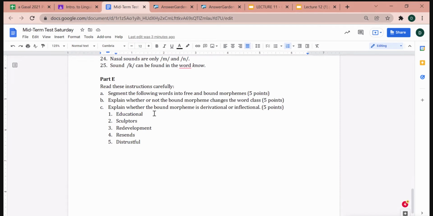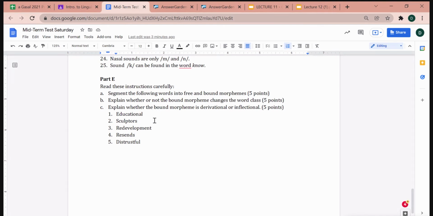Educate is a verb. Education, noun. Educational, adjective. Now, my question: are the bound morphemes ation and al derivational? Yes, derivational, because they change the word class of educate.